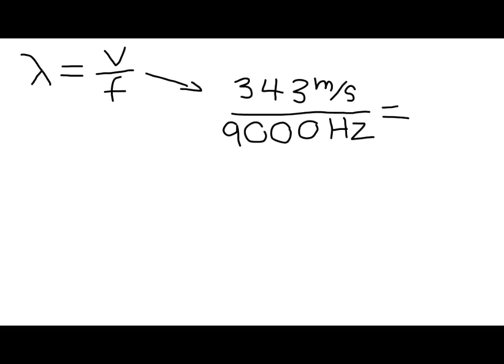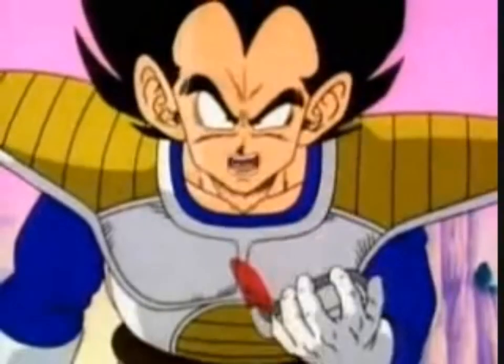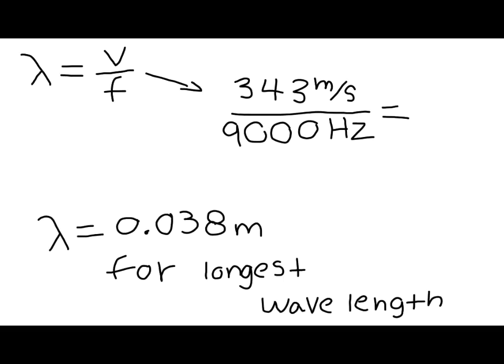And then you need to rewrite your equation with the numbers you already have, which will basically give you 343 meters per second over 9,000 hertz. Then you just need to solve it. It's easy. Dividing those numbers will give you 0.038 meters. And that's the answer for the longest wavelength.